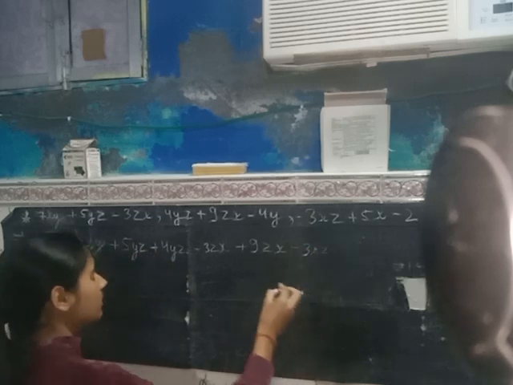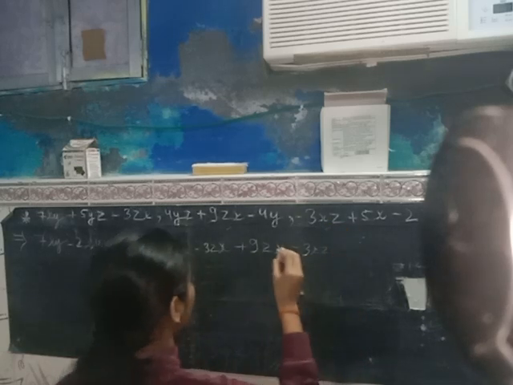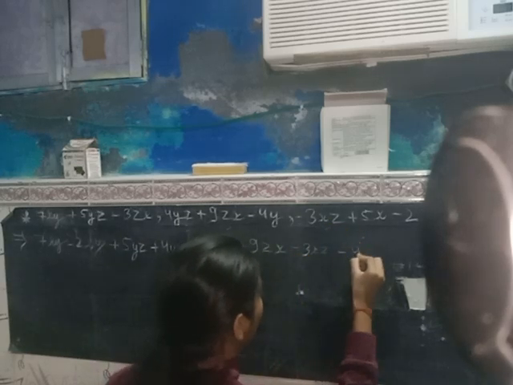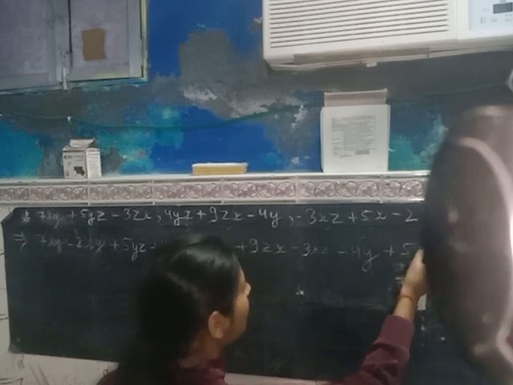Xz and zx are equal. Then minus 4y and plus 5x.